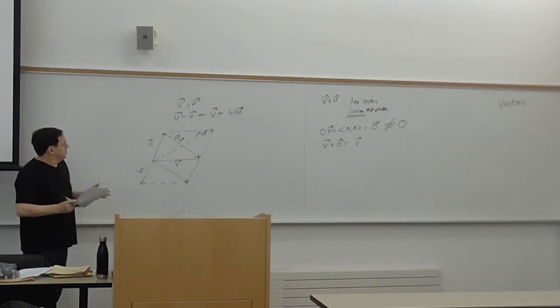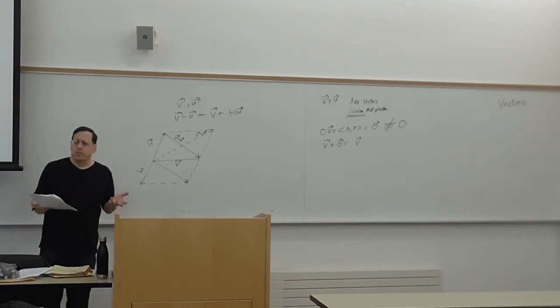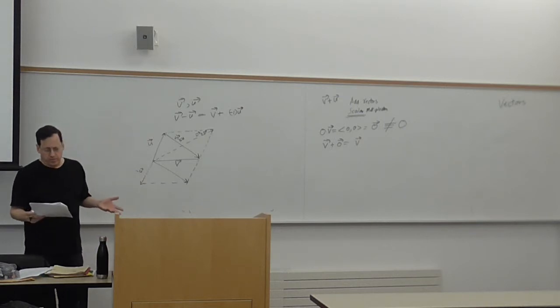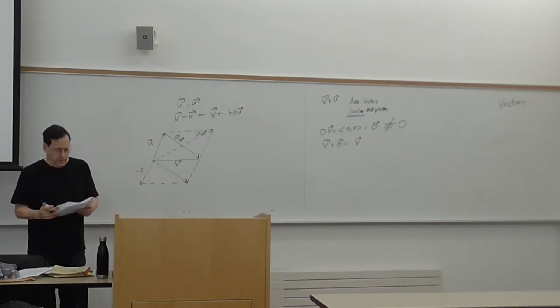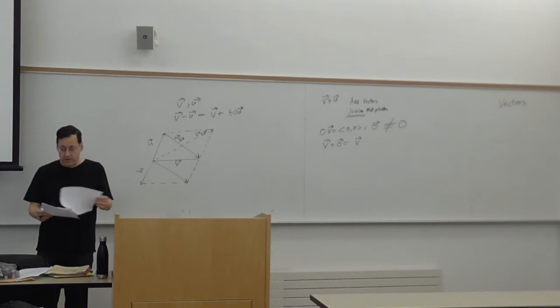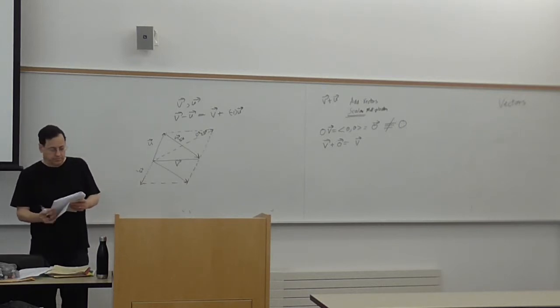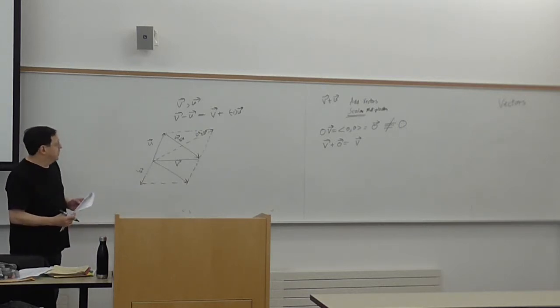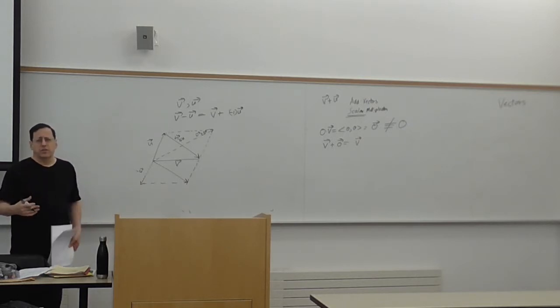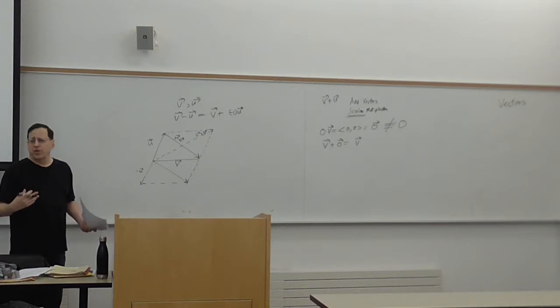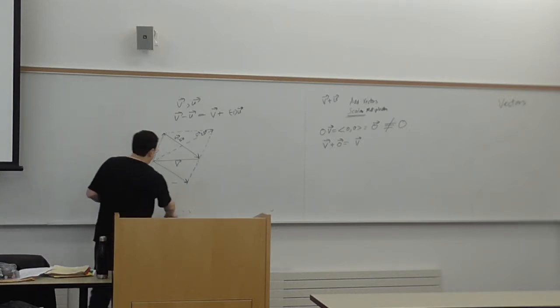All right, so now I can do the things I want with vectors. I can add them, subtract them, and multiply them by a scalar. This starts to sound like they have some properties that I associate with numbers.